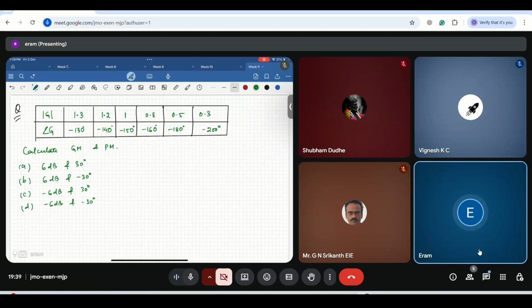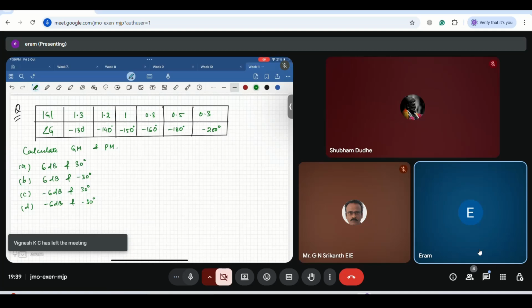How is gain margin defined? The gain that should be given to the system at phase crossover frequency such that its magnitude becomes equal to 1.